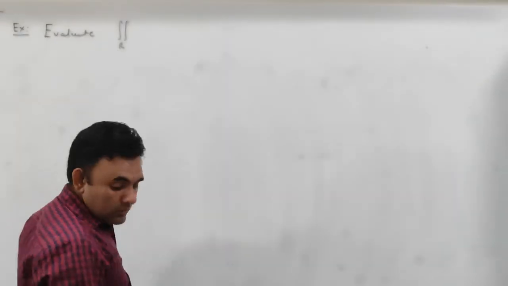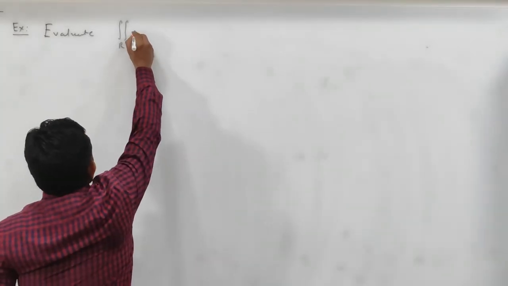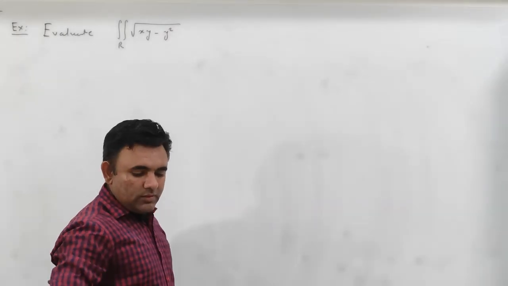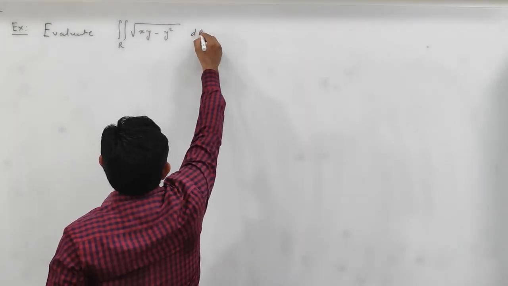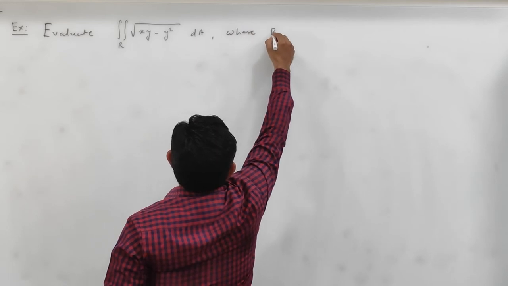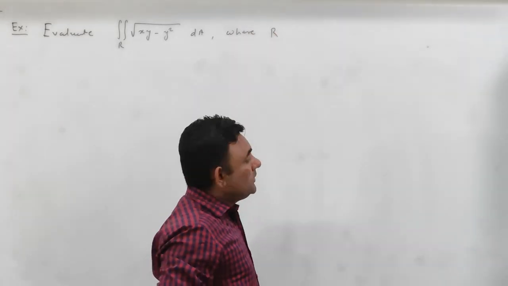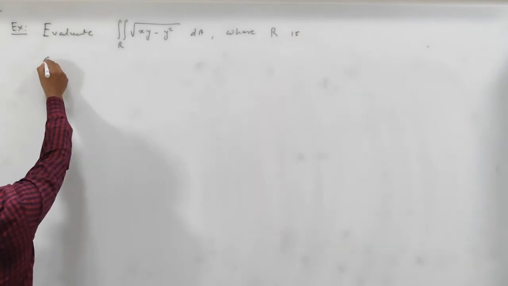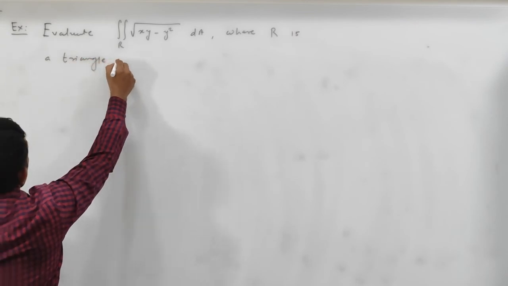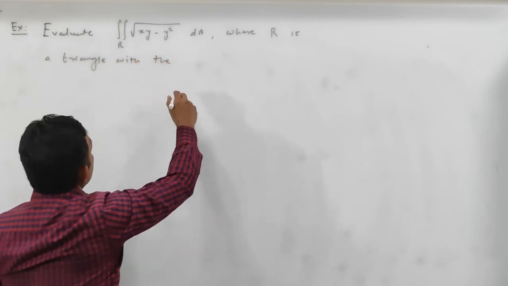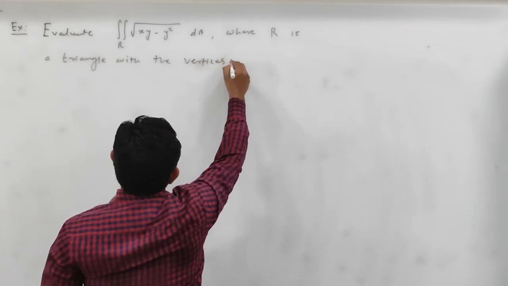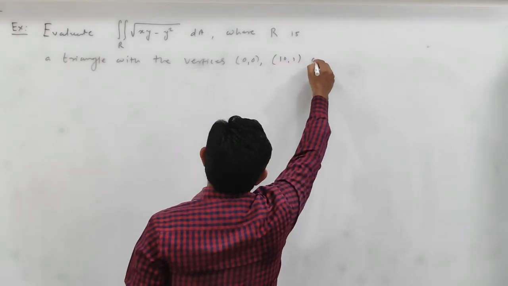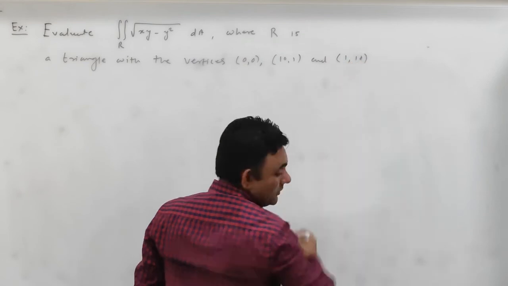Evaluate the integral of under root xy minus y square dA, where R is a triangle with the vertices 0 comma 0, then 10 comma 1 and 1 comma 1.